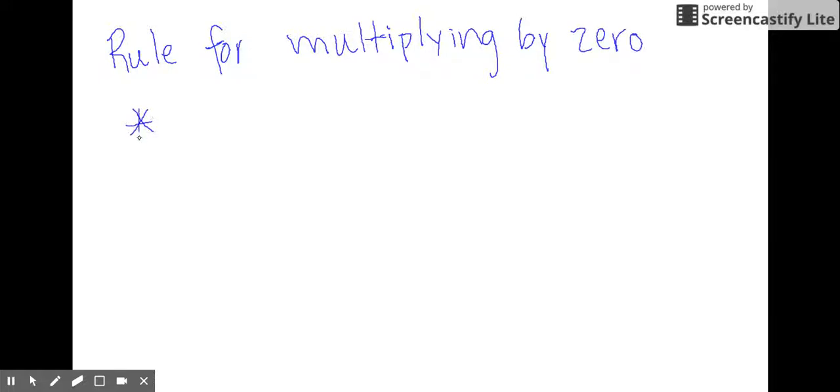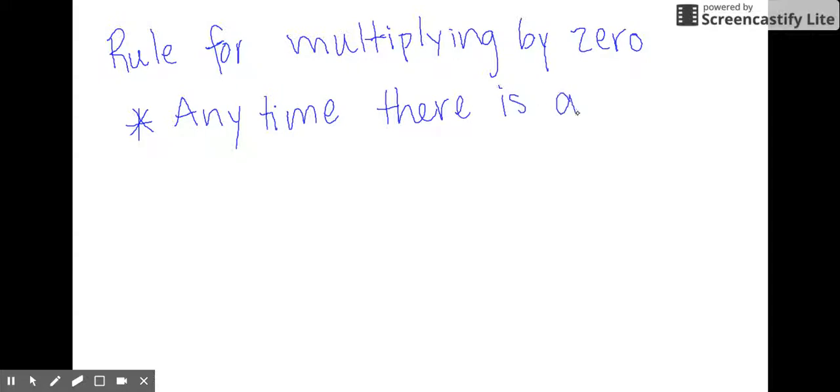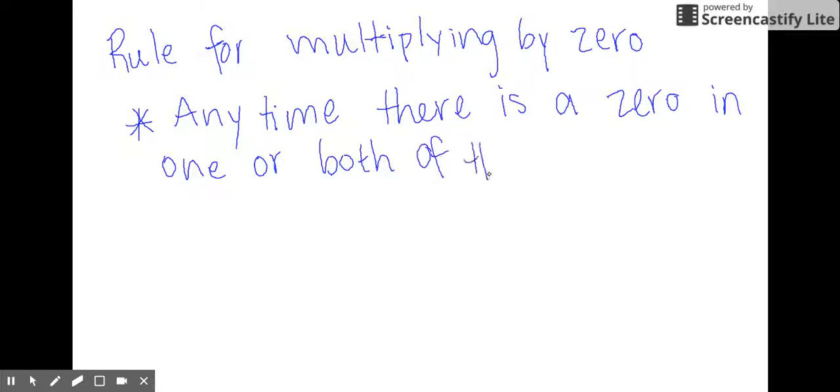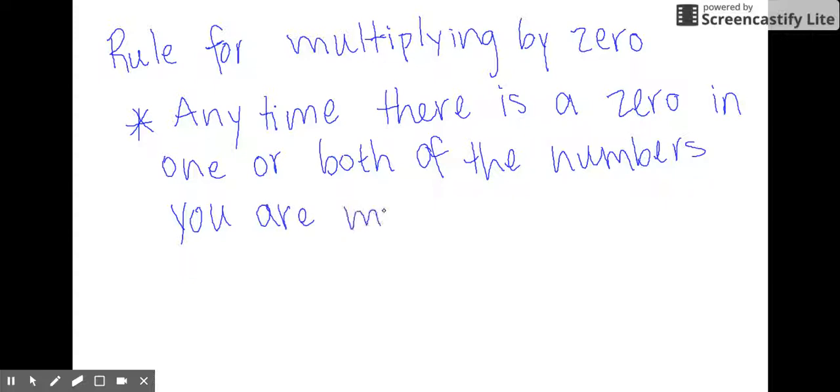Anytime there is a zero, or more than one zero, in one or both of the numbers you multiply, you get to add that to the product.